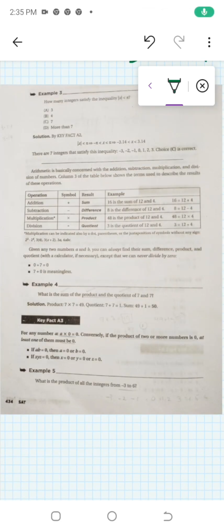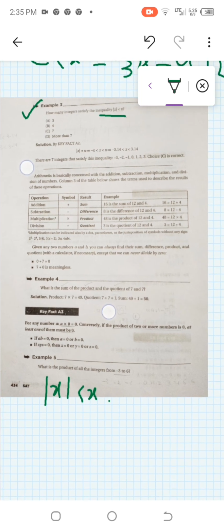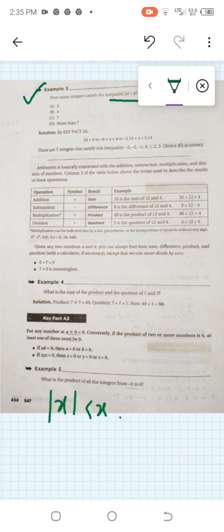Okay, so here we have an example in which they are asking how many integers satisfy the inequality |x| < π. As you can see, first of all, we have been given the value of pi.